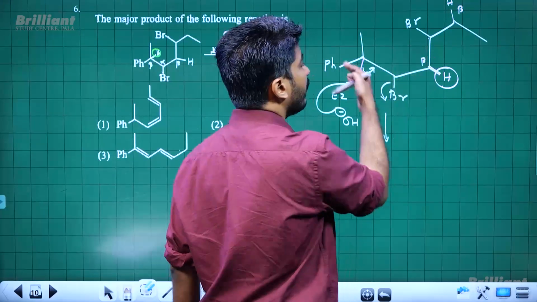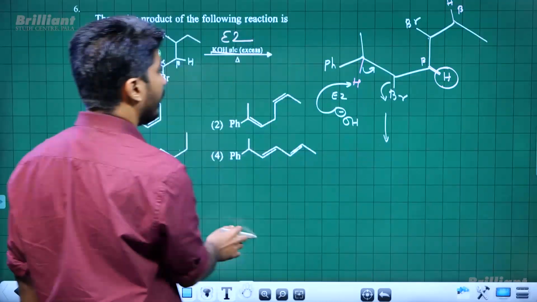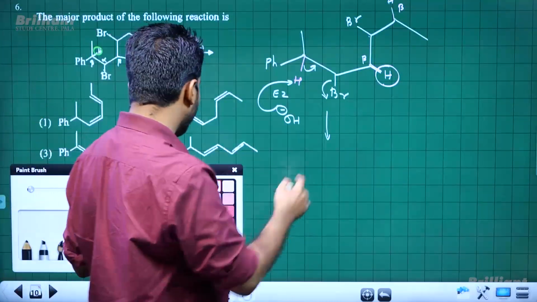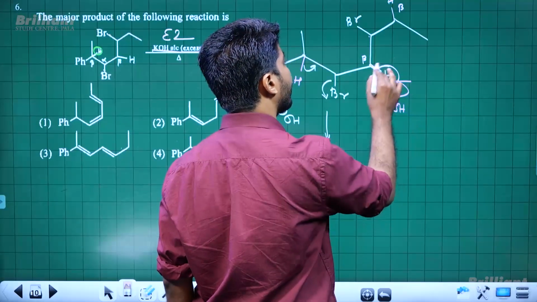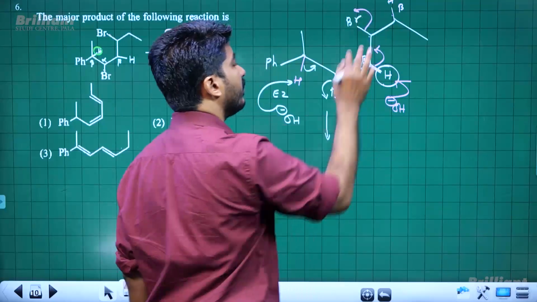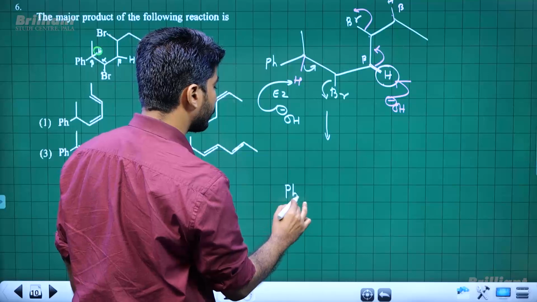That will be a highly conjugated alkene, then due to resonance that will be highly stable also, and therefore on that side OH minus takes this hydrogen in preference to that hydrogen to get the more stable alkene, and the product will be PhCH.